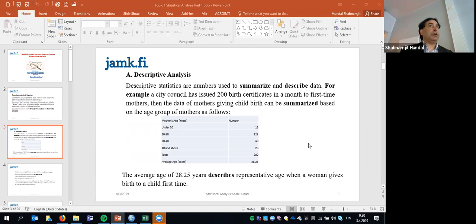I can take how many doctors per thousand of population there are in Uvascula, how much distance you have to travel from your home to go to hospital, what the road density is in Uvascula. I will also see how many crimes have been committed last year in Uvascula.